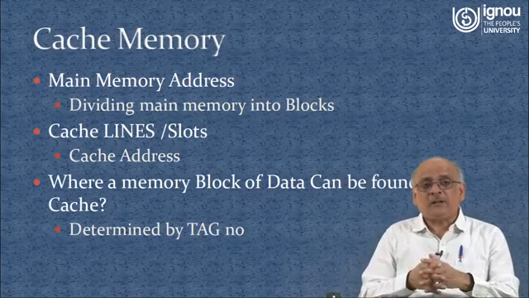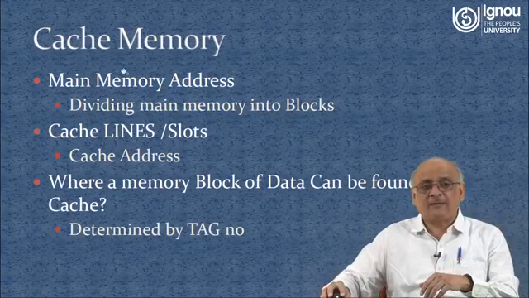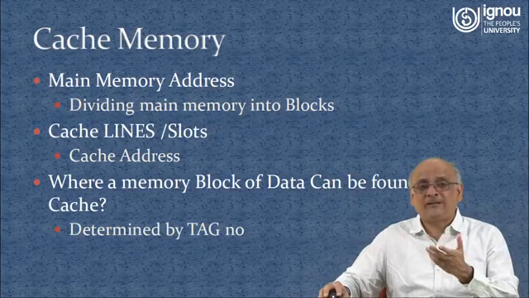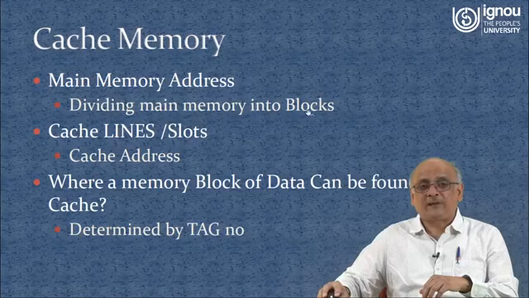Okay. The basic terms we also discussed last time. You all know about the main memory address, it is a binary address in general. If my main memory size is 1 MB, that is 2 to the power 20, so I will require 20 bits as the size of my address. This can be further divided into blocks.